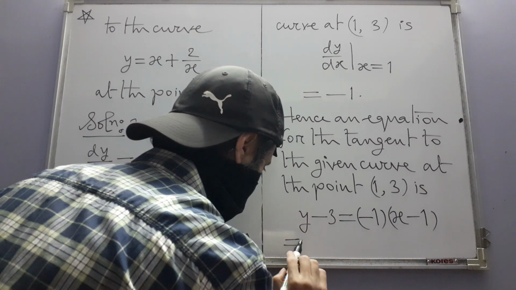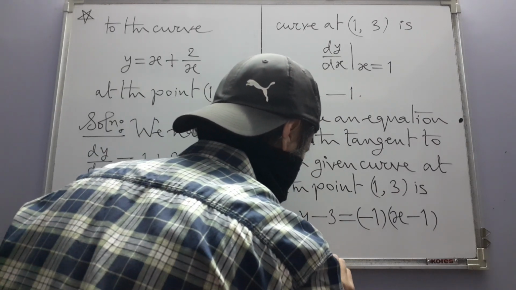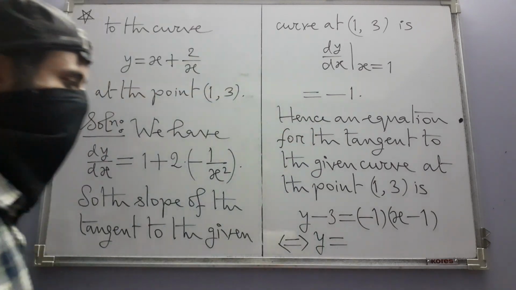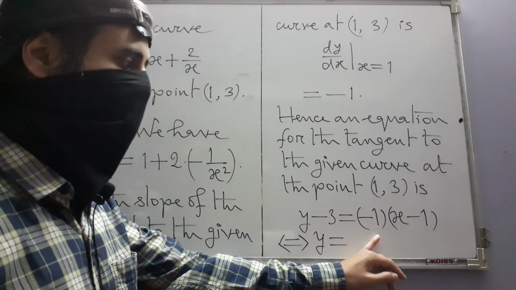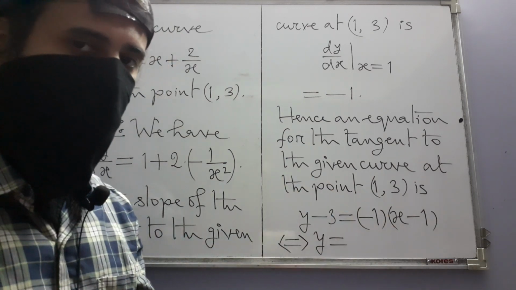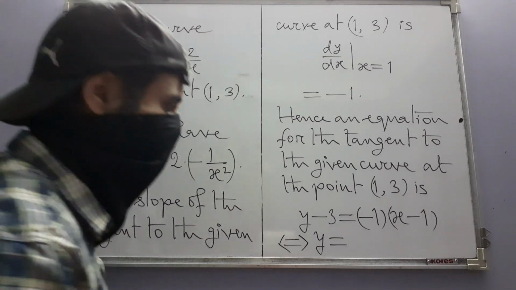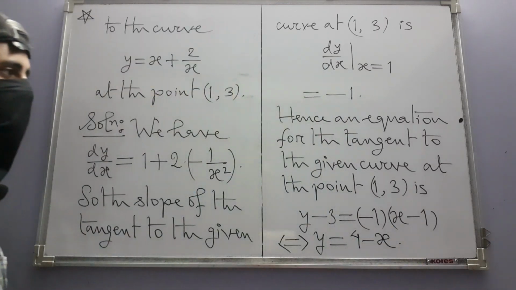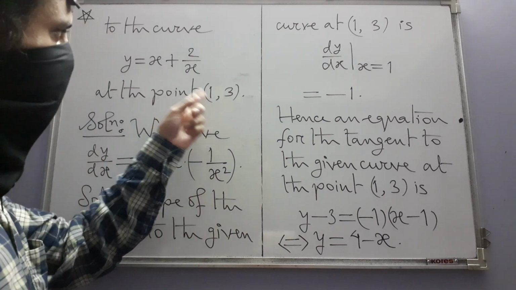So you can do some things to this. Say you add 3 to both sides, then the left hand side will be y, and the right hand side already is 1 minus x. So adding 3 to 1 gives you 4, so it becomes 4 minus x. Okay, so that is the tangent to this curve at the point 1, 3.